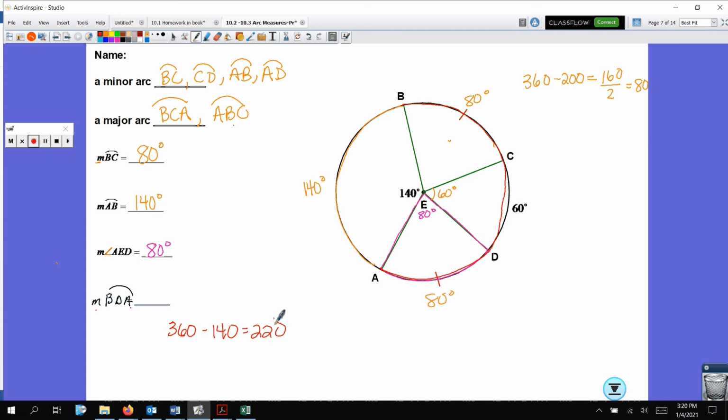So the measure of the major arc BDA is 220 degrees. Okay, that is what it is about arc measures, okay? So that isn't terribly difficult. Remember, central angles, whatever is in here, is going to project on the arc that angle intersects of the circle.